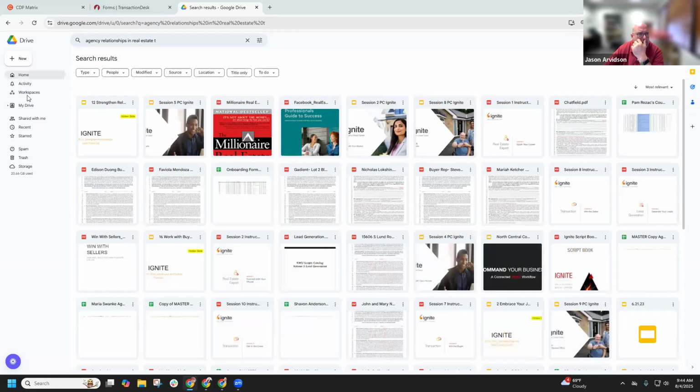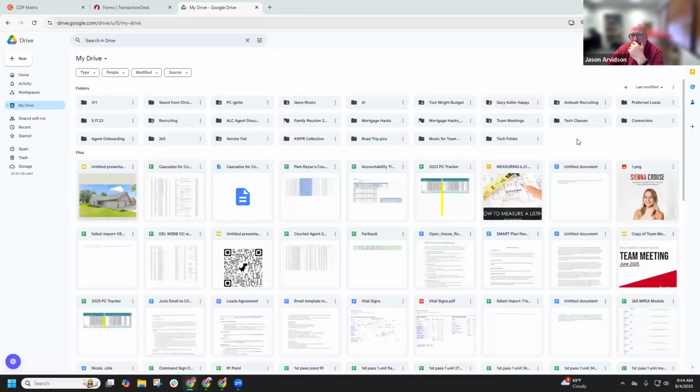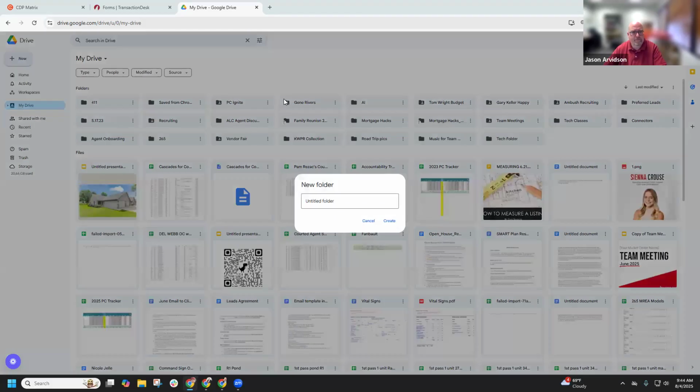I would make this even easier on myself. Go back to my drive. I'm going to create a new folder, email documents.